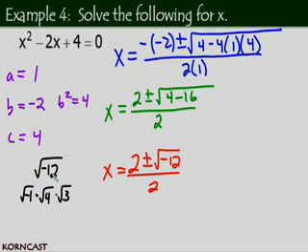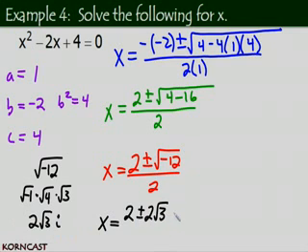So the square root of negative 12 simplifies to 2 square root 3 times i. So now I'm going to rewrite the square root of negative 12 as 2 root 3i, giving me the equation x equals 2 plus or minus 2 root 3 times i all over 2.